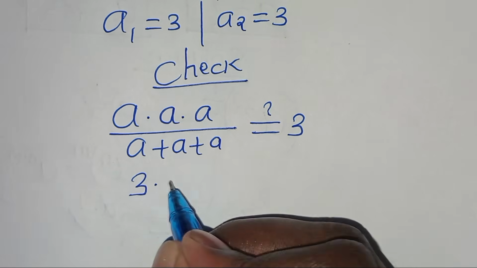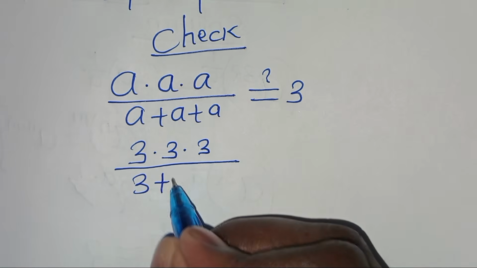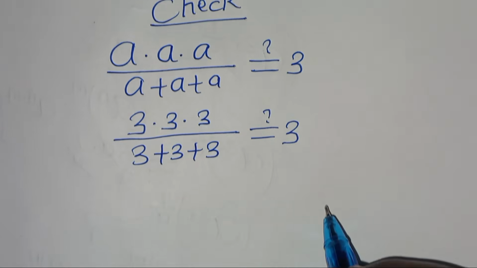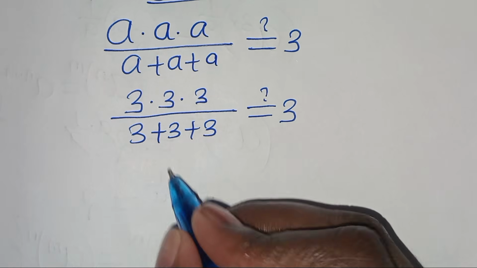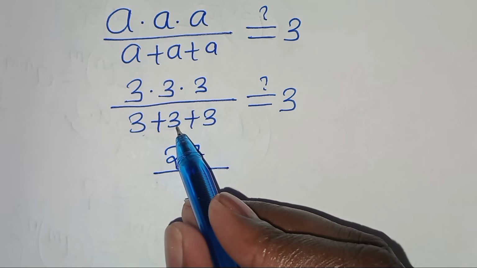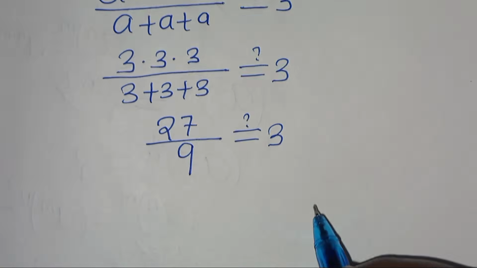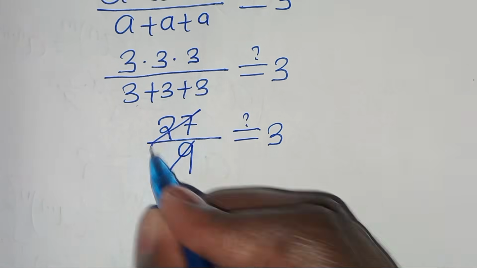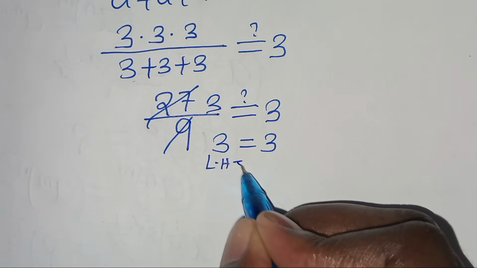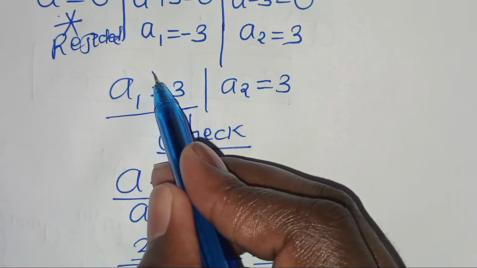So we have 3 times 3 times 3 divided by 3 plus 3 plus 3. 3 times 3 times 3 is 27, divided by 3 plus 3 is 6, plus 3 is 9. So 27 divided by 9 is equal to 3. So 3 is equal to 3, the left hand side is equal to the right hand side, and that affirms that the solution satisfies the equation.